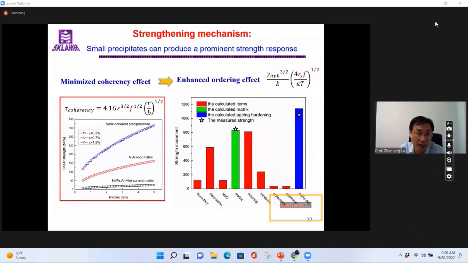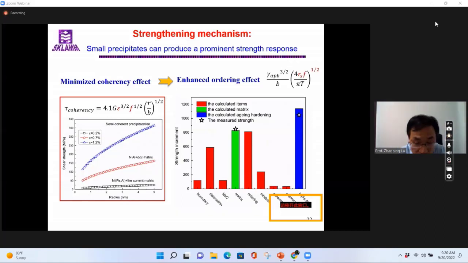We have calculated the strengthening contribution for the different mechanisms, as shown here. The contribution from the elastic strain field becomes very limited, below 15 megapascal. The major contribution is from the ordering effect, which is close to 1.1 gigapascal.